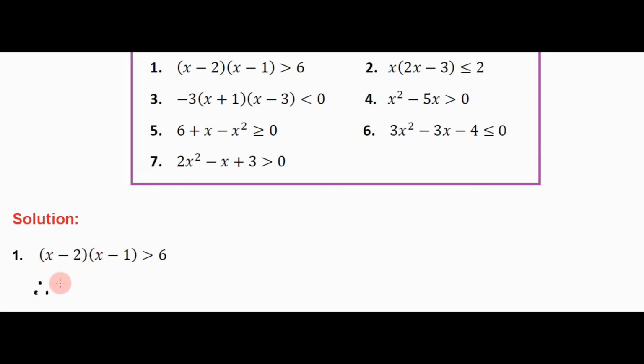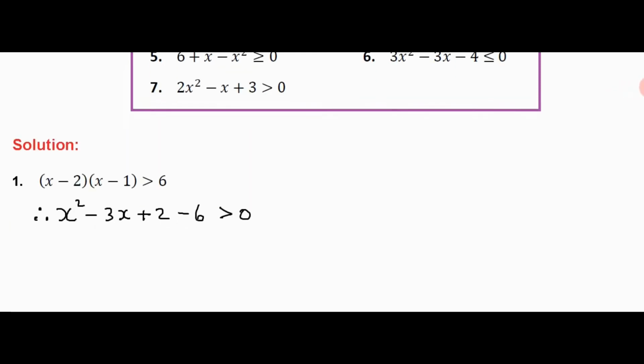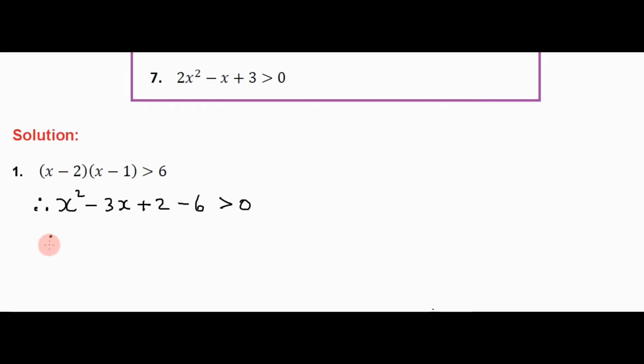So x times x is x squared. Then we have negative 2x minus x is negative 3x. And negative 2 times negative 1 is positive 2. We're also going to bring the 6 to the left hand side. So now we can add like terms.